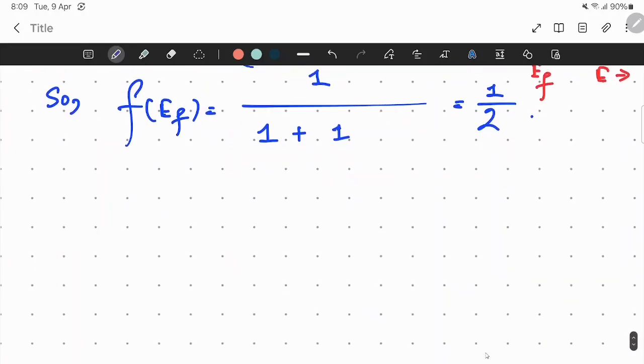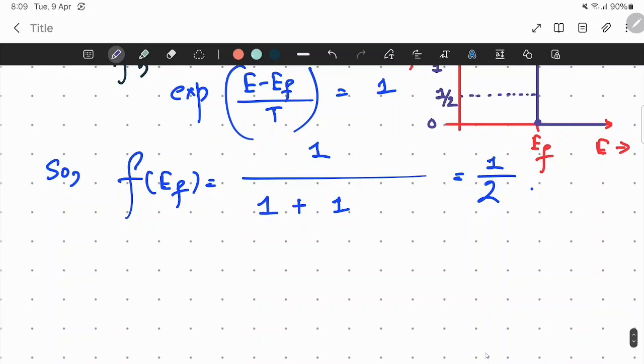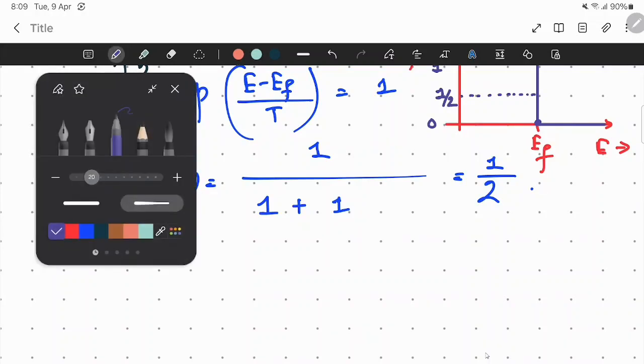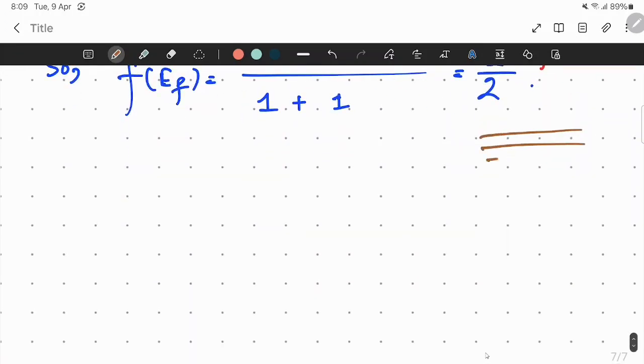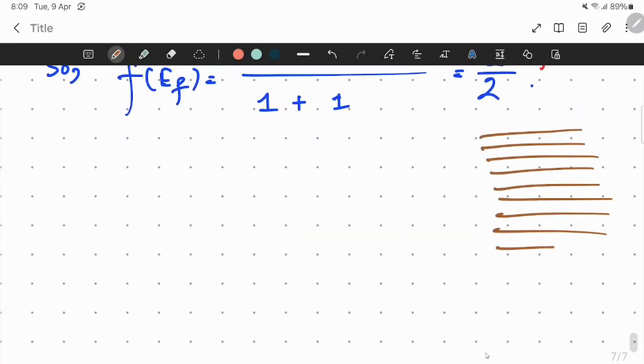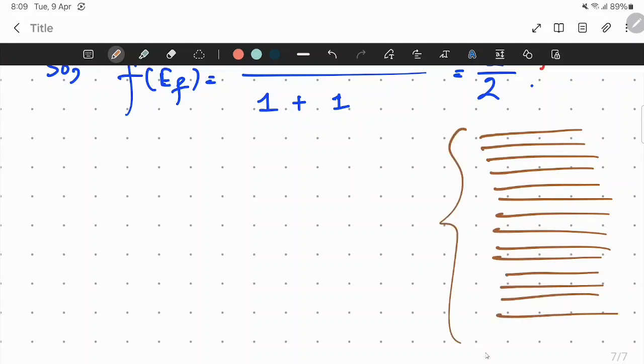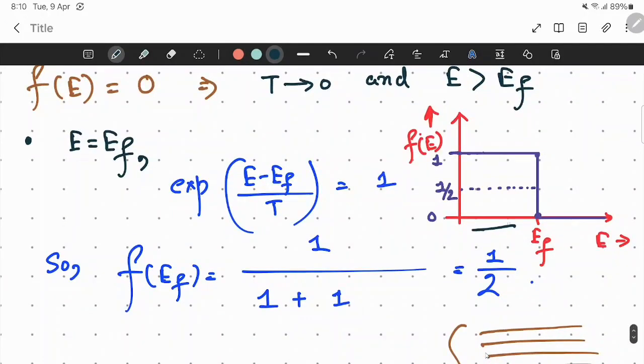You can think this is our plot, but the theoretical picture, how it will look like. Let's say there are various energy states. These are the energy levels. Somewhere there is, let's say, EF. So the energy levels below EF are totally occupied, right?